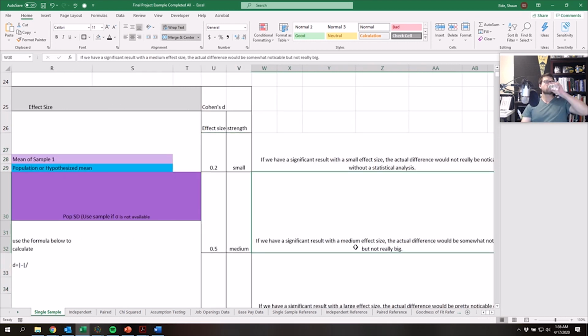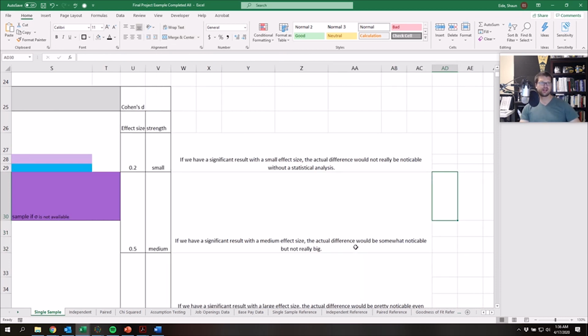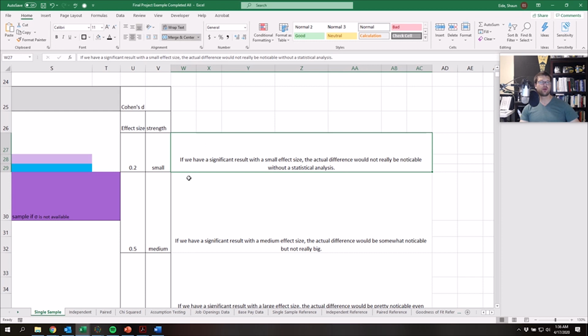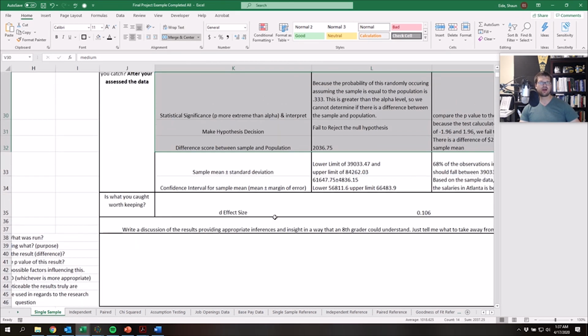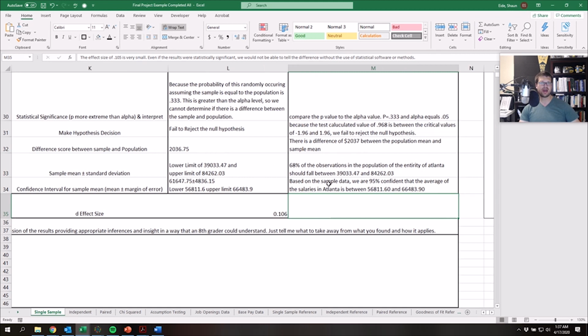In other words, even if we had a statistically significant difference, the difference would be so small that it would barely even be noticeable. And so you would just write right here: the effect size of 0.106 is very small. Even if the results were statistically significant, we would not be able to tell the difference without the use of statistical software or methods.